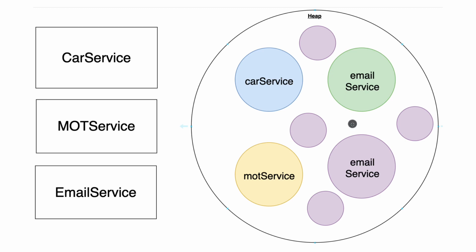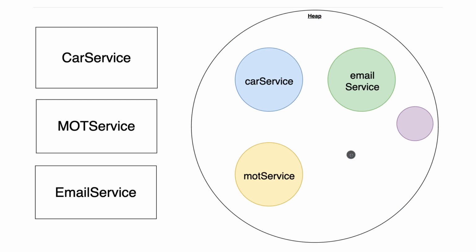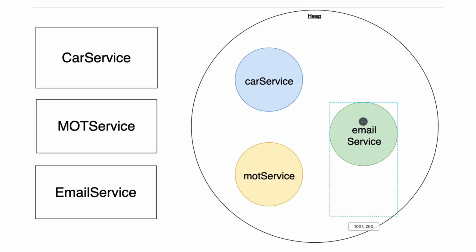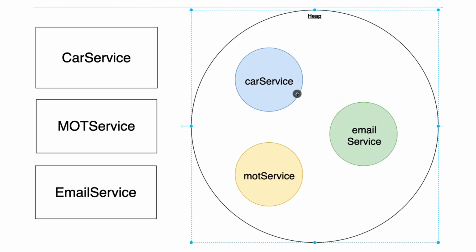Well, the solution is to use something known as the singleton pattern. So singleton pattern basically instantiates your class just once. So here, email service is just instantiated once. Then whichever class needs email service, they basically reuse the exact same one.